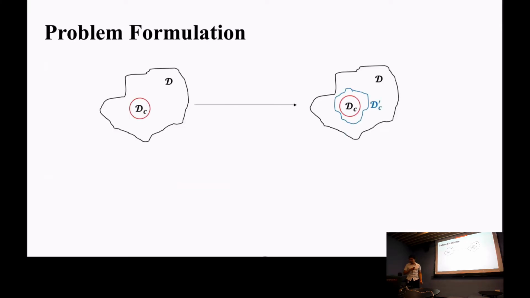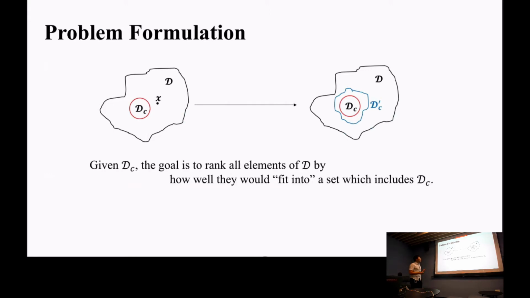So going to the problem formulation, the idea is simple. Given this query set D_C, you should be able to rank all the elements in D by how well they would fit into the set, which includes the query set. Like you should rank how well they fit into the set of current world leaders.